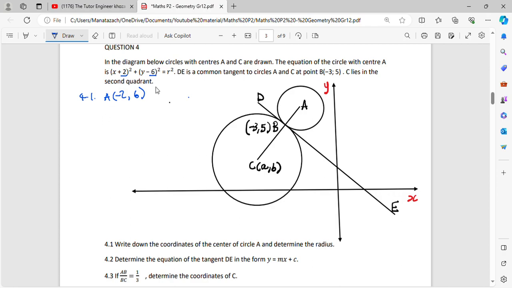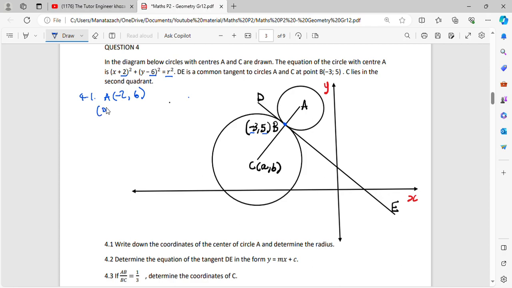And then to find the radius, we know that circle A is given as passing through point B, which has coordinates -3 and 5. So we're going to use the coordinates of B to find the value of the radius.